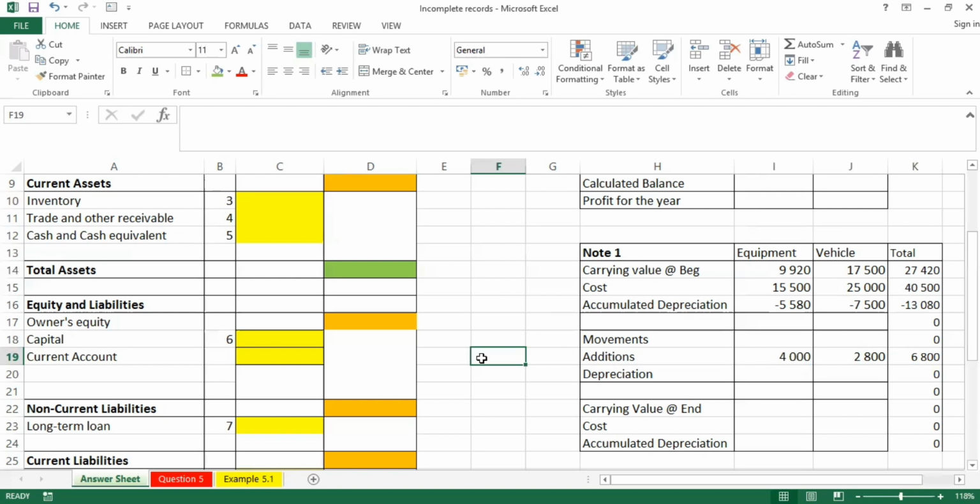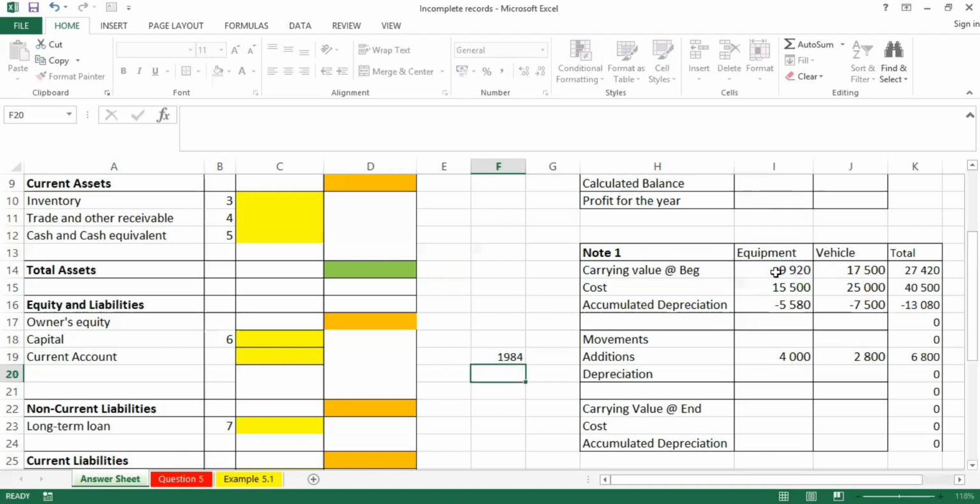I'm supposed to say it's equal to 20% times our carrying value, because in order to get this carrying value, we use the diminishing method, which is cost minus accumulated depreciation.